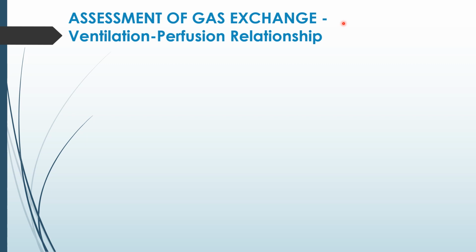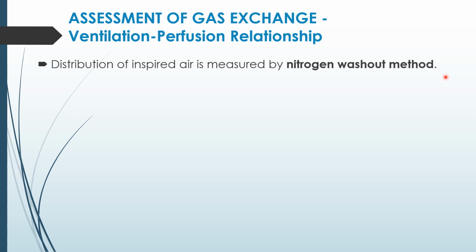Such non-uniform distribution of inspired gas leads to decreased oxygen tension in the arterial bed. The uniformity of distribution of inspired air is measured by the nitrogen washout method.